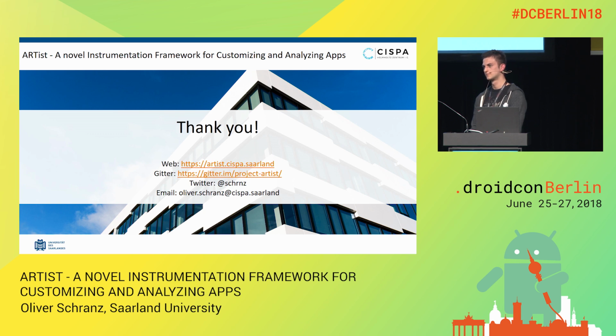I see. Well, this is actually a shared problem. XPosed, as you said, has the problem that it's hard to detect the method you want to target. For ARTist, you have similar problems, because most of the modules right now are written against a filter API, and most of the time you just search for a method name.